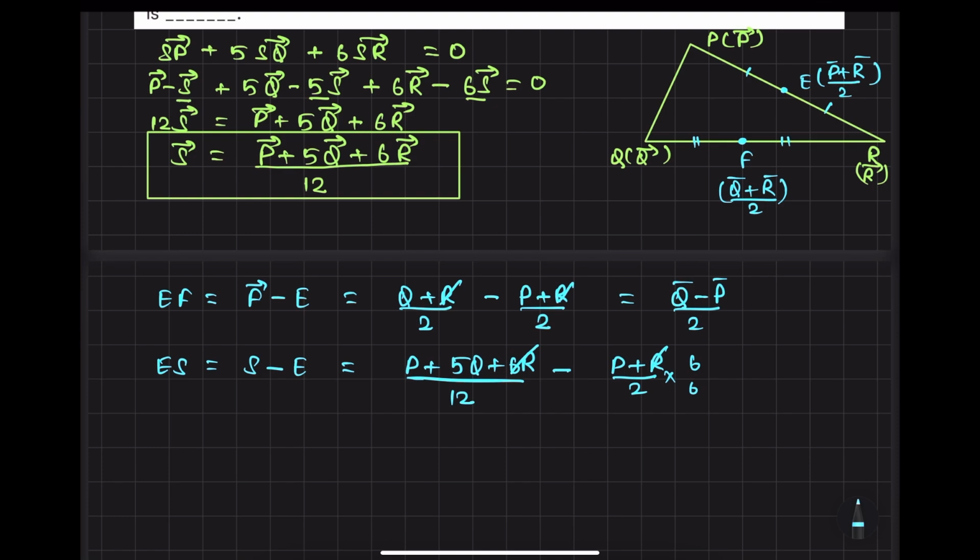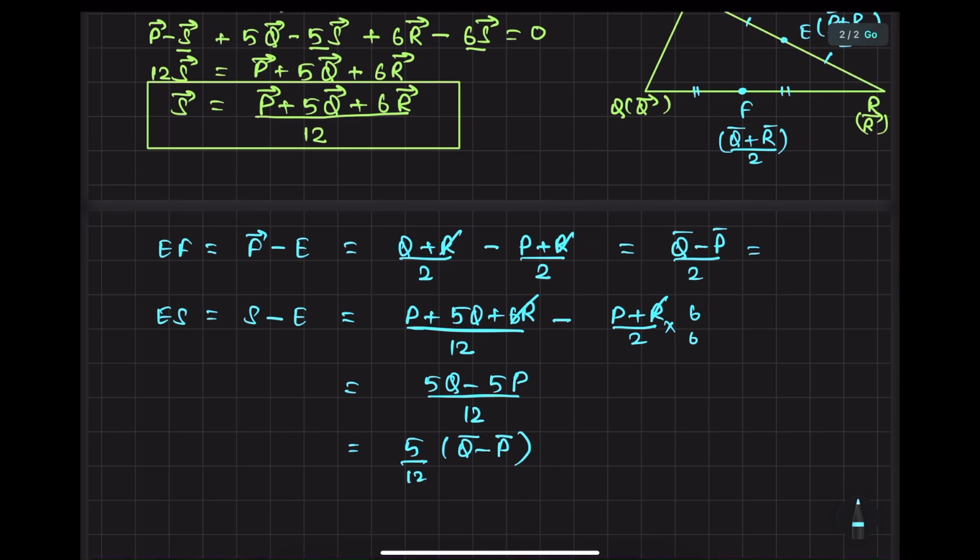Then we have 6P minus, so can I write 5Q minus 5P by 12? Can I take 5 by 12 common? So 5 by 12 is common, we are left with Q minus P. And if you observe here also, we got the same thing.